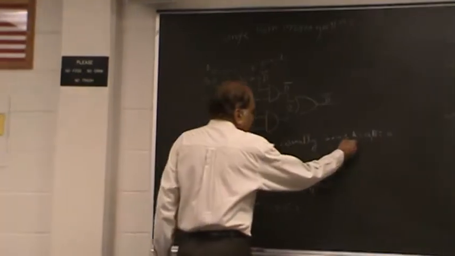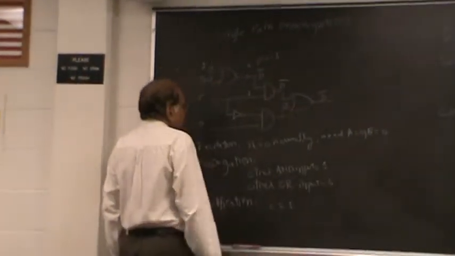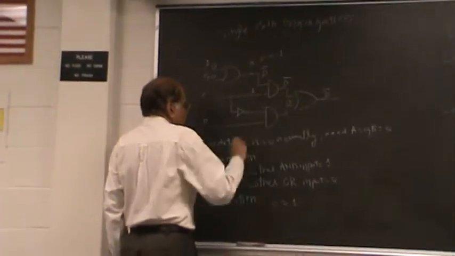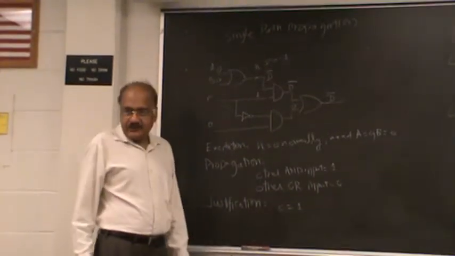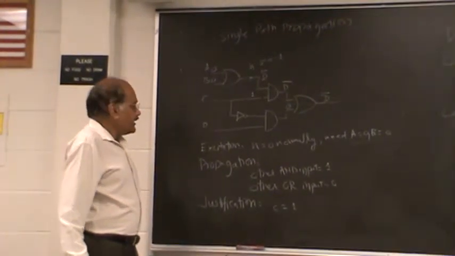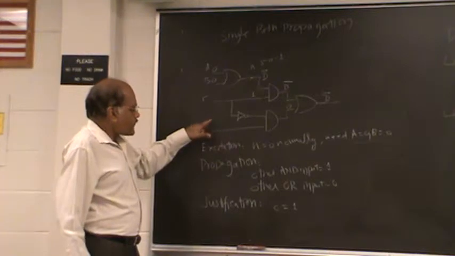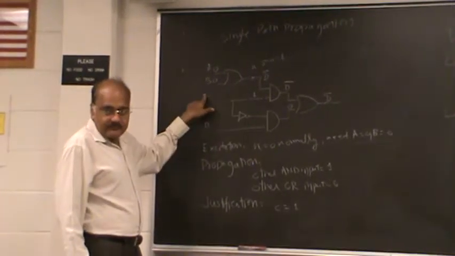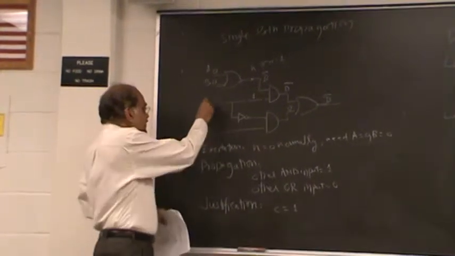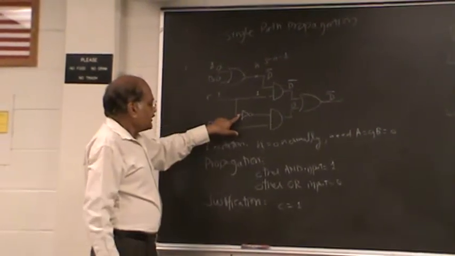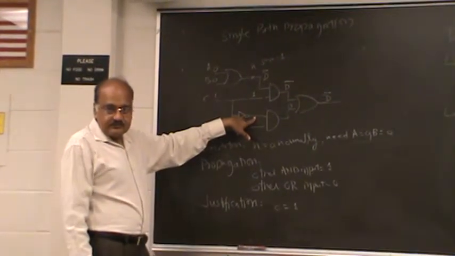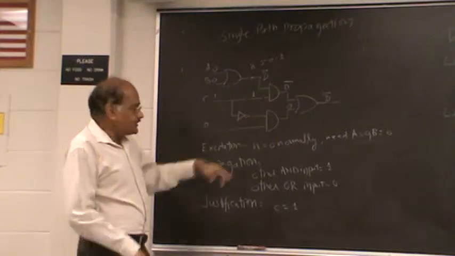Okay, notice that we have made A and B equal to 0. Now we need a 0. How can we bring a 0 there? Let's see. Now, since we said this is a 1, we have made this a 1. So we have already made this a 0, right? So this is already a 0.